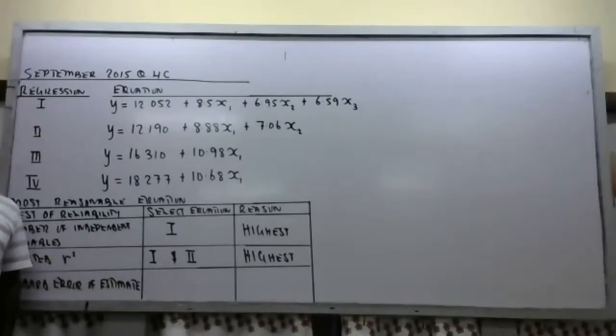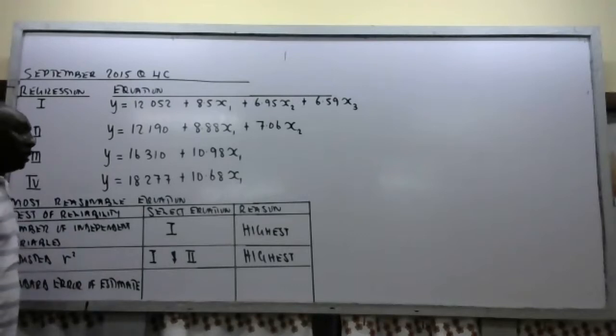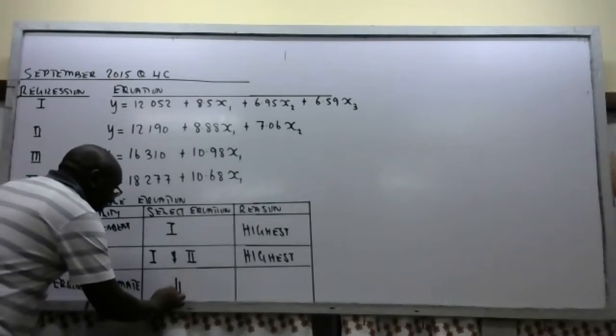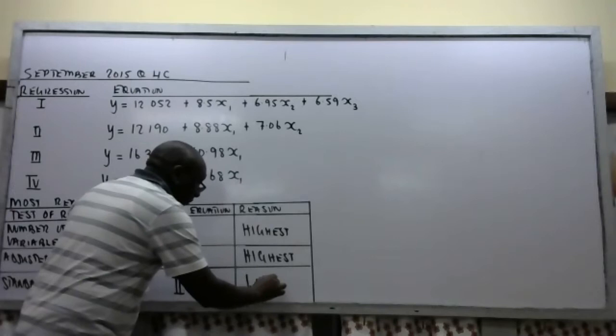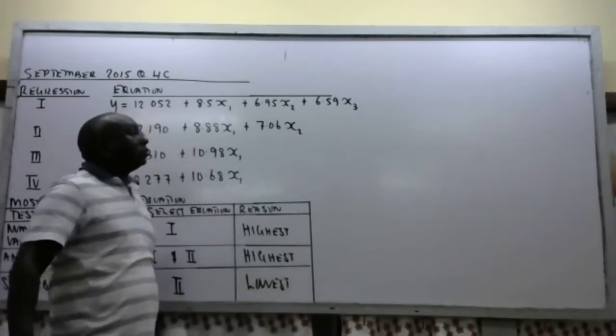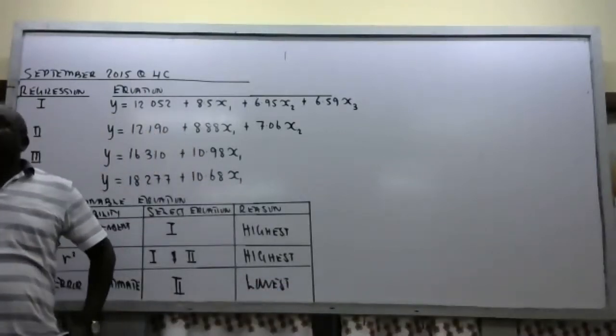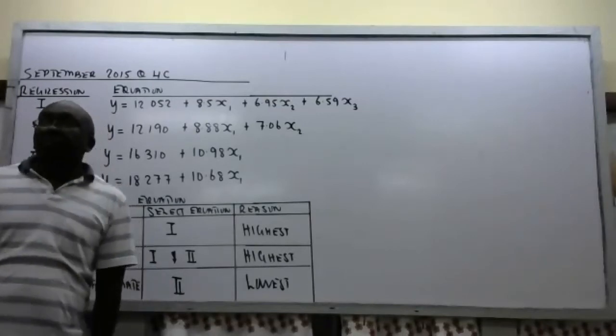These things are very practical. So which one has the lowest? Equation number 2 is the one that has the lowest number of errors. That's all.